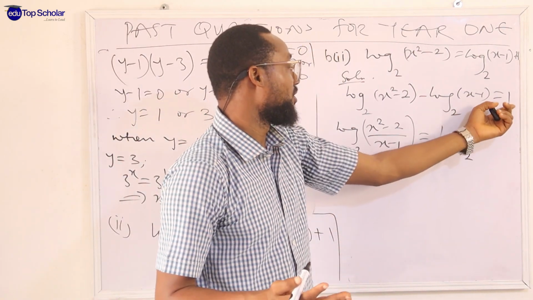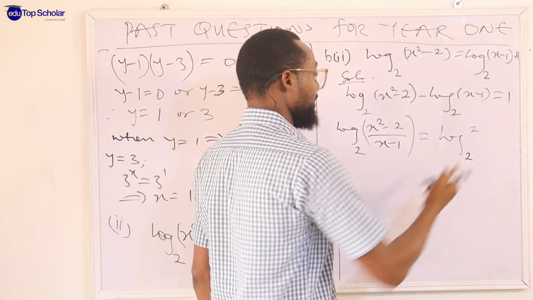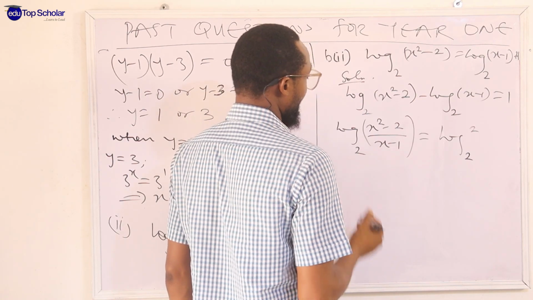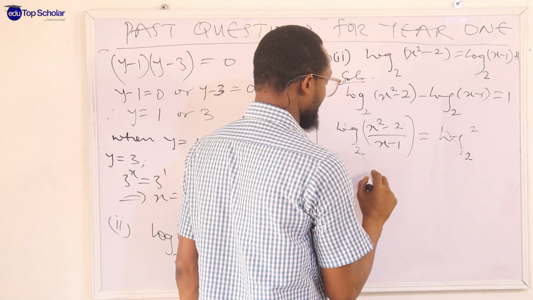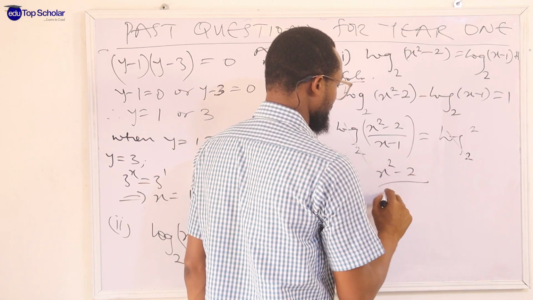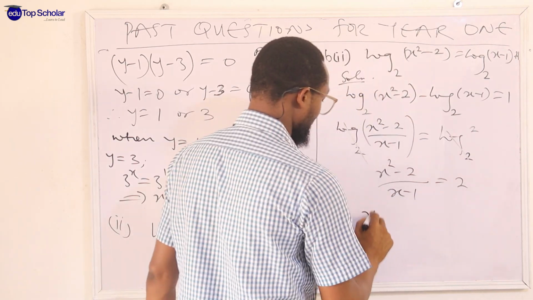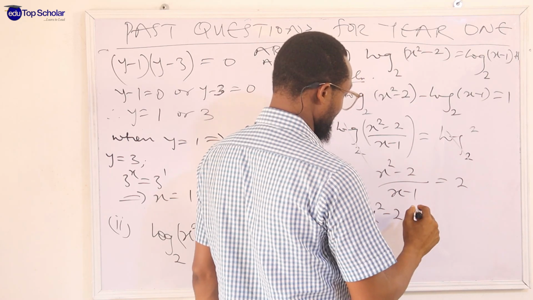If this were 3, we would be multiplying it by 3. But now this is 1, so we multiply by log 2 base 2. Now if I divide both sides by log 2, this will go, and we are left with x squared minus 2 over x minus 1 equals 2. Therefore, we can easily perform operations now after we have cleared all the log functions.